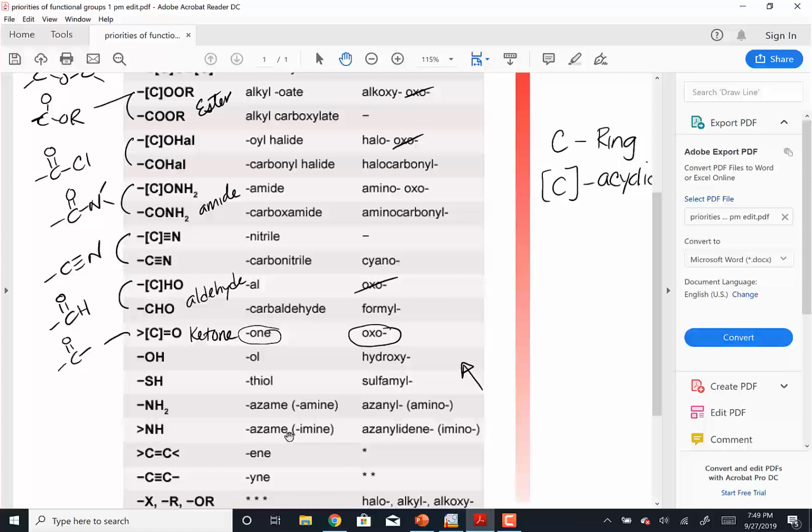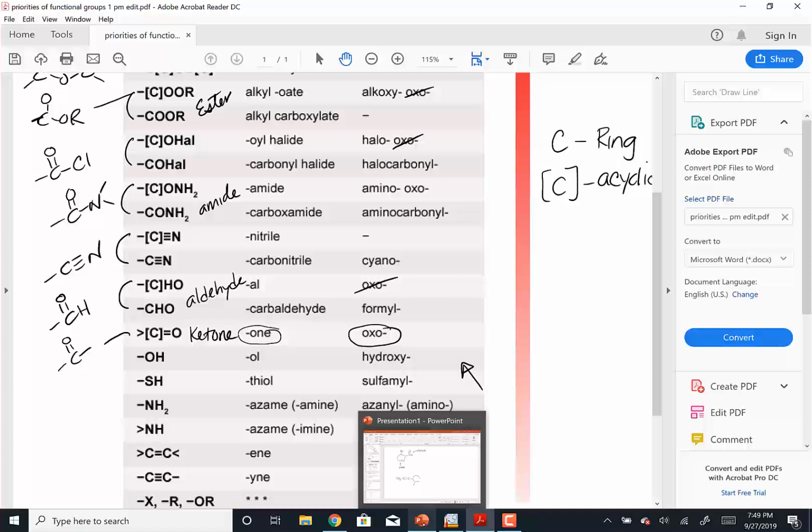Now, in this case, though, the aldehyde is not attached to a chain. So in this chart and in the revised chart that I have, the brackets indicate an acyclic, but no brackets indicate what you call it when it's a ring. So coming up to the aldehyde, CHO, where it's attached to a ring, which is no brackets, that is called a carbaldehyde.